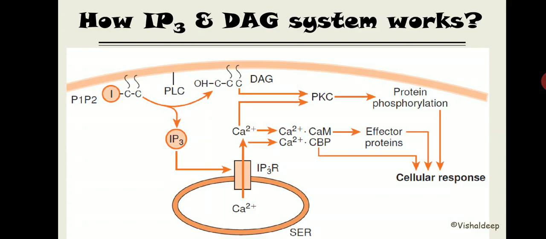Now follow my lead. See, this is the phospholipase C enzyme. It is going to break the phosphatidyl inositol diphosphate into two things. One is DAG, that is written over here. Another one is IP3, that is written over here.